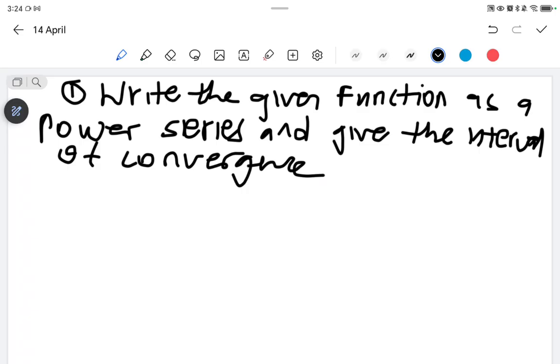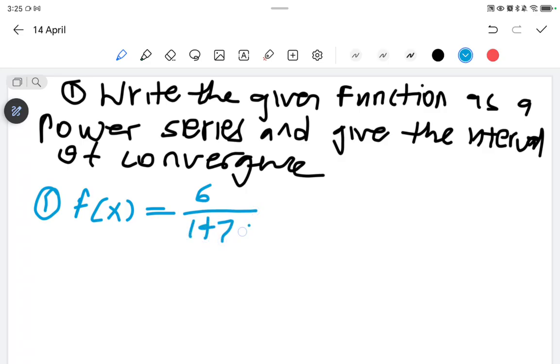You see, right? So the first question that we have is as follows. We're given f of x, which is equal to 6 over 1 plus 7x to the 4. You see, right? And solving this, we would have to drop the 6.